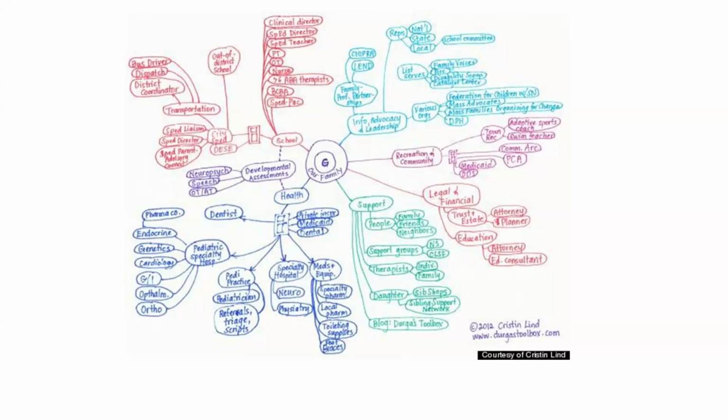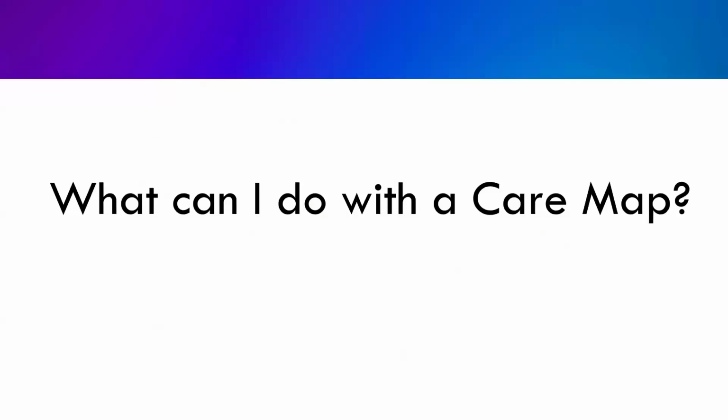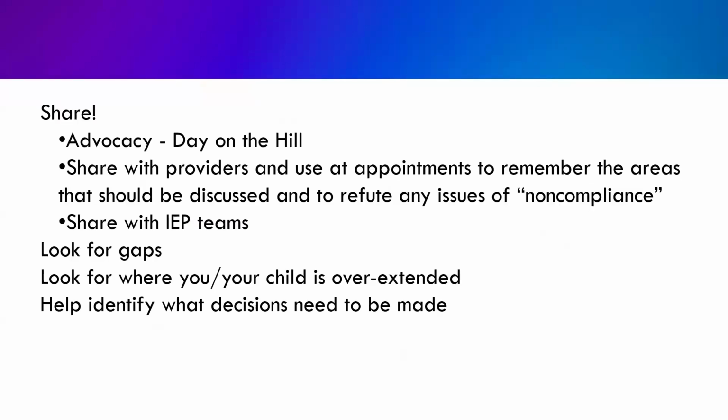This actually started out of Boston Children's Hospital. A doctor named Rich Antonelli was her doctor, and he does a lot of stuff with family support, family engagement. So after he saw this, he really tried to push it out so more people could share in putting this down on paper, seeing all of these systems that you're interacting with, and being able to share this information. Which leads us to, what can I do with a care map?